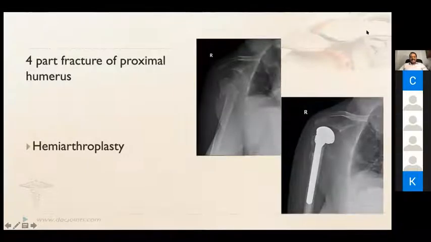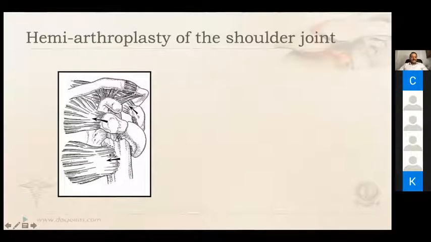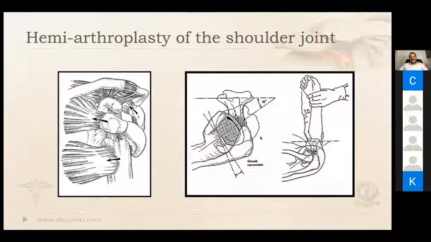Whenever you do a hemiarthroplasty, you have to understand that the fragments are pulled by the muscles attached to them. The lesser tuberosity and the greater tuberosity are pulled outwards, posterior and anterior. And when you do a hemi, you have to take care of the retroversion, which should be between 20 and 40.